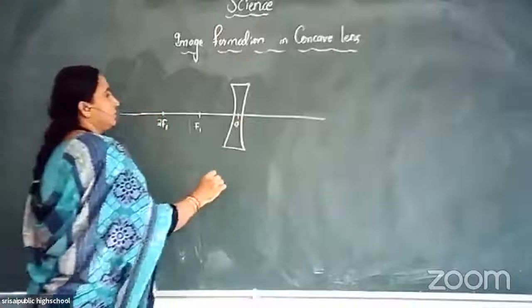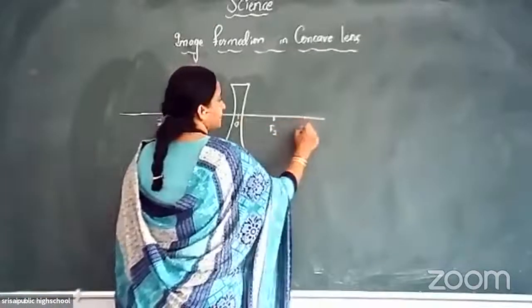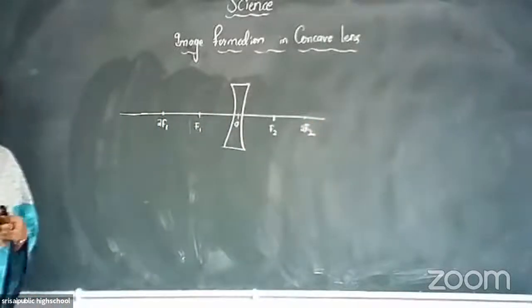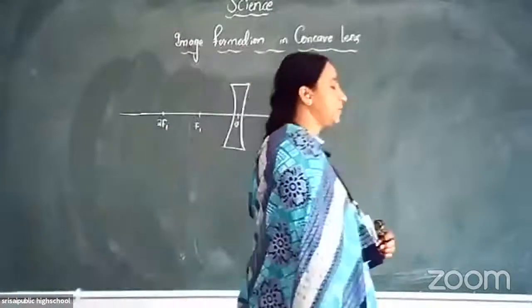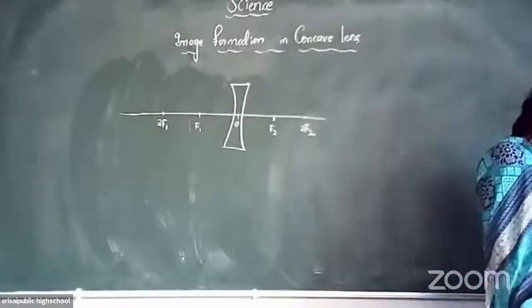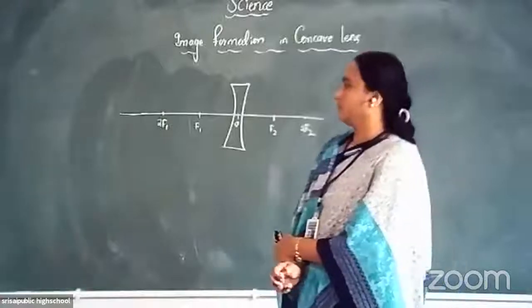It should be a straight line. And this is the second principal focus, F2, and 2F2. Now in the second position, where are you going to imagine the object? Just see the tabular column and tell me. Between infinity and optical center.